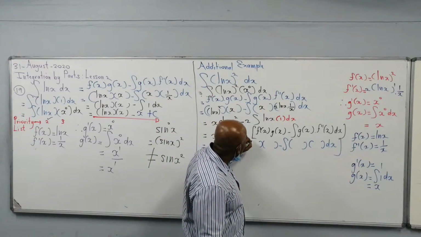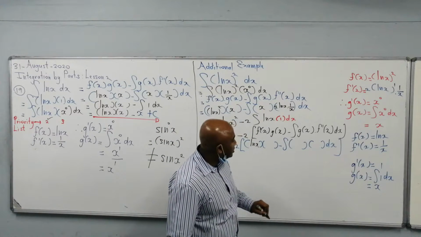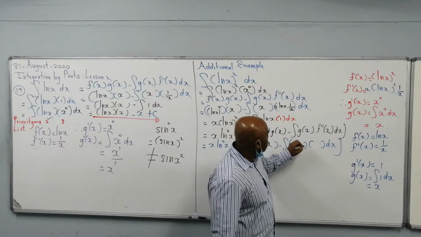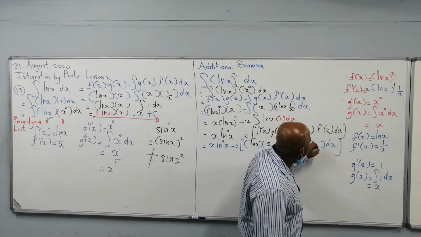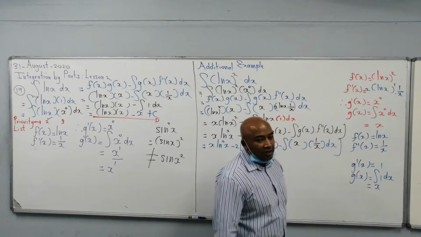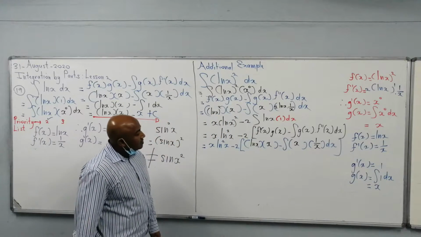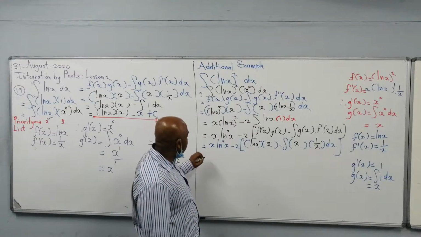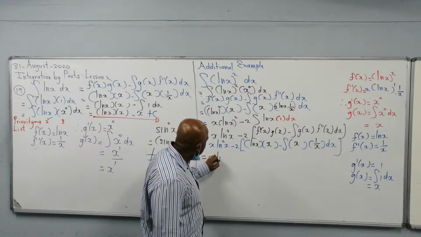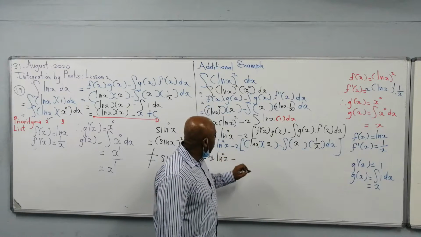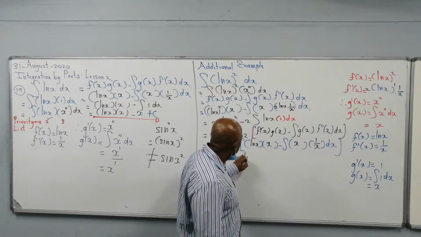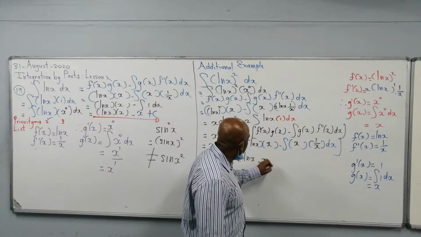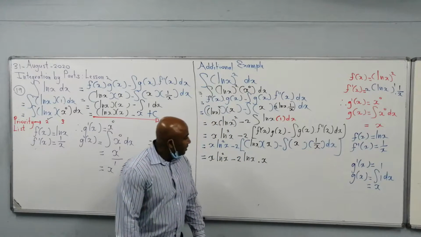F of x here is ln x, g of x is x, and then f prime x is 1 over x. So now I'm going to remove these brackets, so that will be x ln squared x minus 2 ln x times x there.